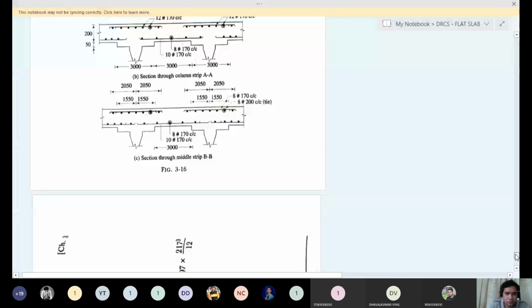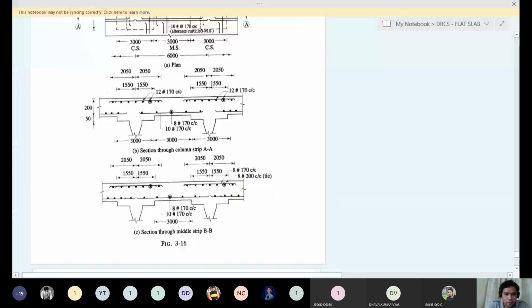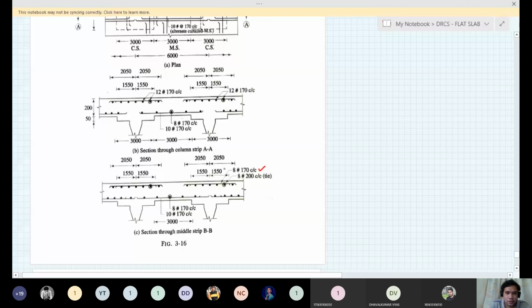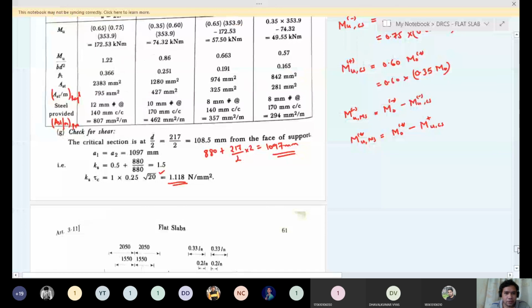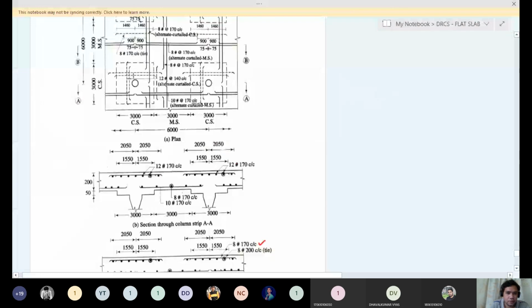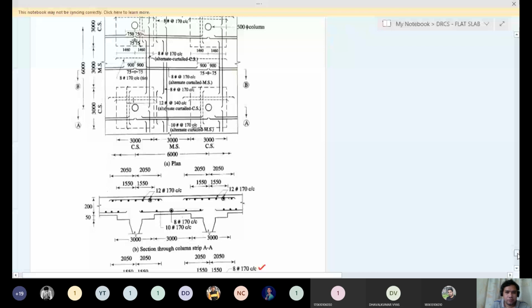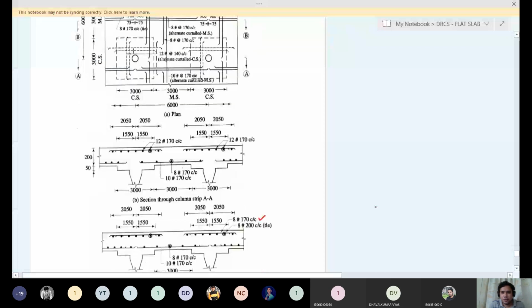And in the column strip this value is 12 dia 140. So 12 dia 170 is nowhere, so this is to be checked. Some mistake is there.